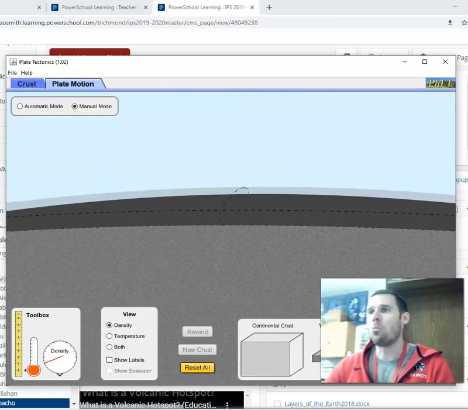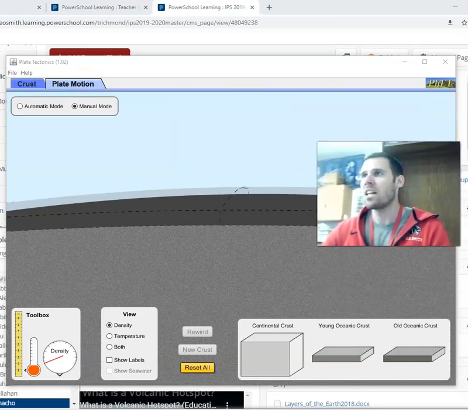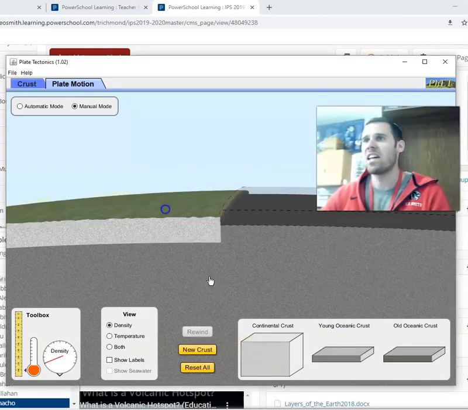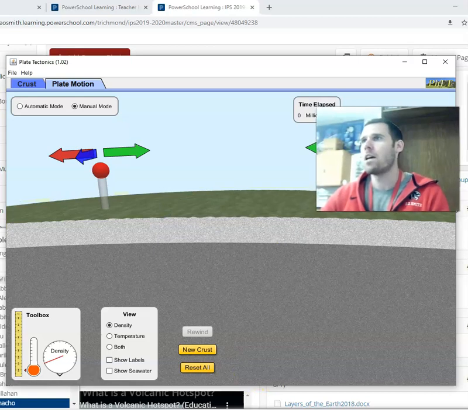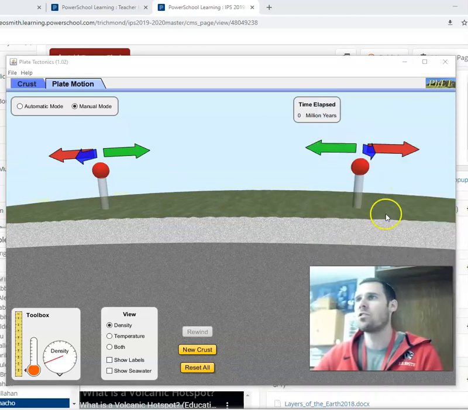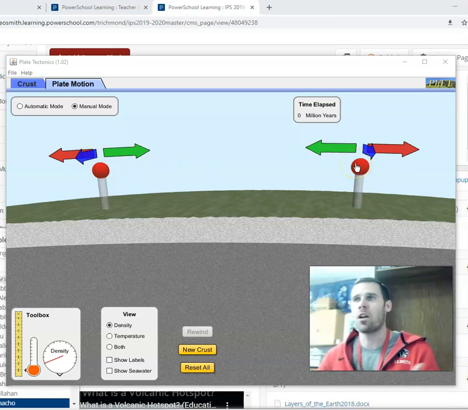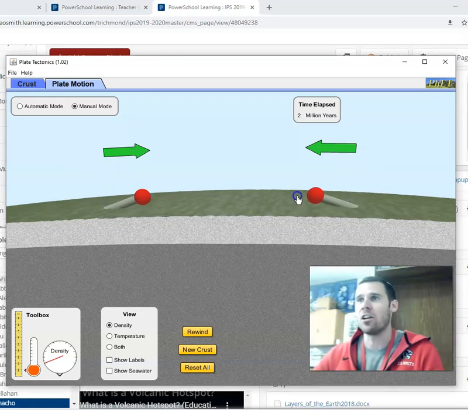So let's click on our plate motion tab, and let's start off with, let's say, continental and continental crust. And you're going to be observing these two types of joysticks, and you can move the types of crust either away from one another, towards one another, or sliding past one another. So let's observe what happens when we converge them together.